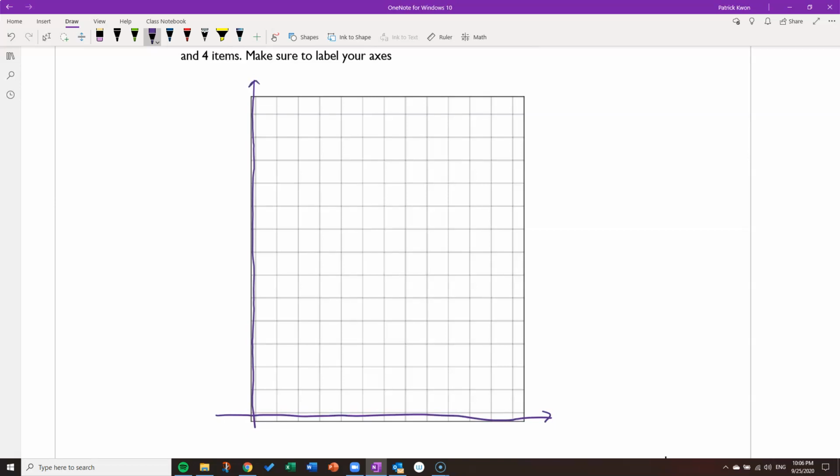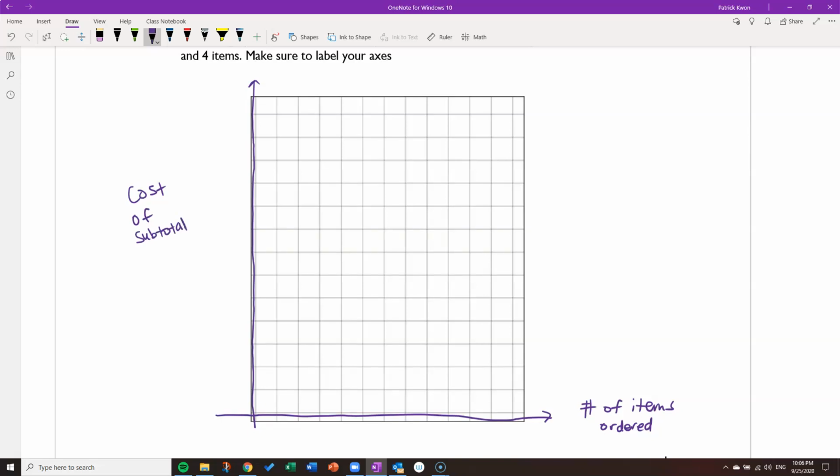And we want to go ahead and label these as well. And so our horizontal axis, that will be represented by the number of items ordered. And then our vertical axis, that could be cost of subtotal or subtotal cost, whatever you want to call that.